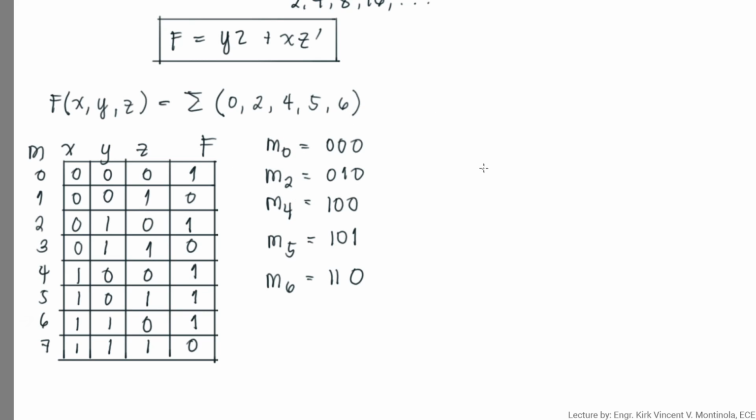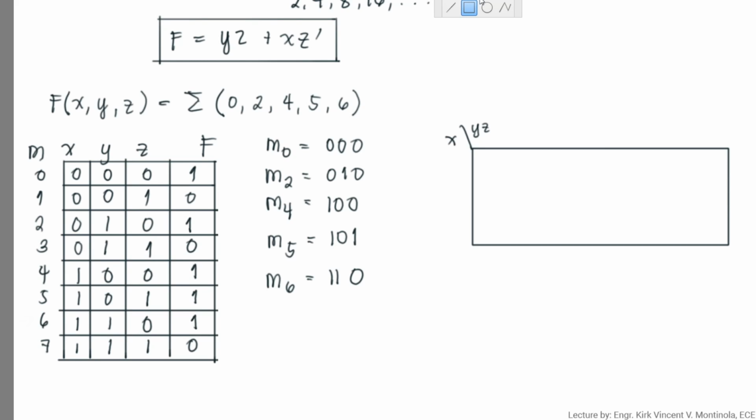Okay, now we write our Karnaugh map. So we have 8, so we'll be dealing with X and YZ na input. So gawa tayo na ating Karnaugh map. Then you should be having 8 boxes also.